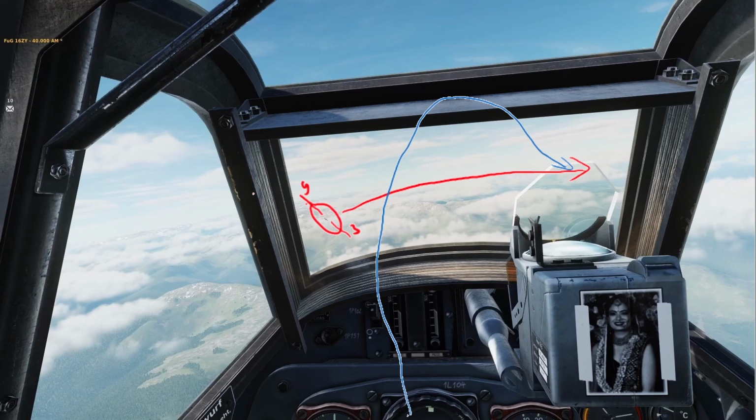And one way of doing this is the so-called high yo-yo maneuver. With the high yo-yo maneuver, we convert speed into altitude, so kinetic energy into potential energy. We can manage the angle a little bit, and this is a good way to manage range, angle and closure at the same time while we are conserving our energy.